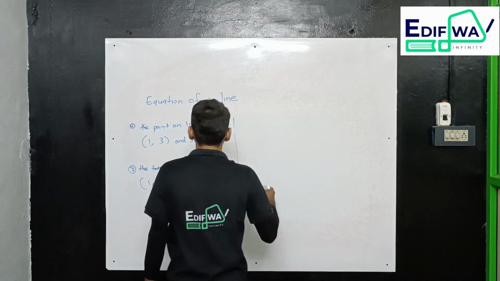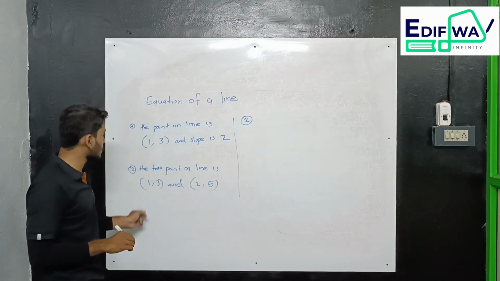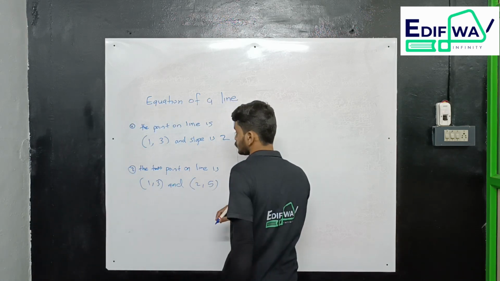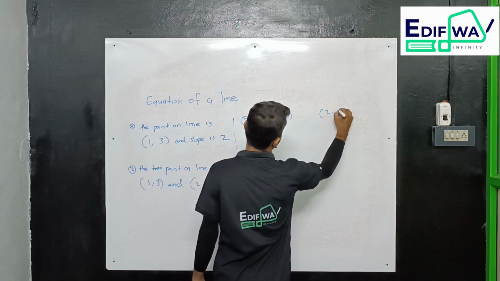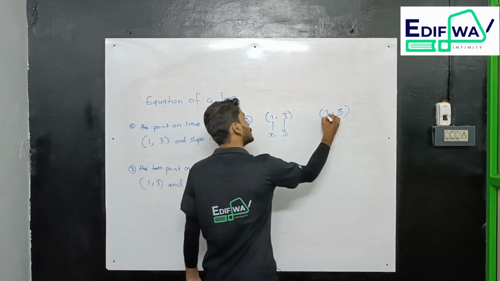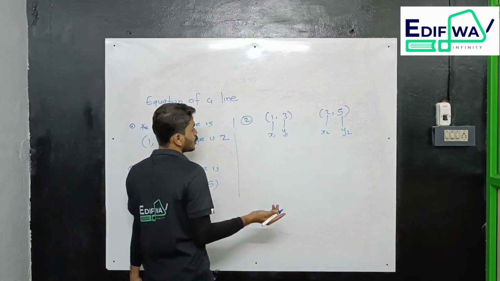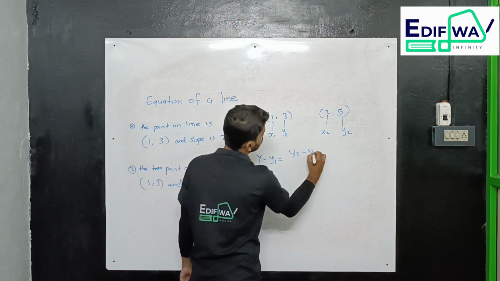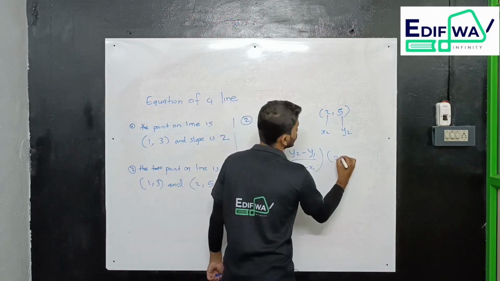Okay, now the second problem. The 2 points on the line are given: 1, 3 and 2, 5. So this is x1, this is y1, this is x2, this is y2. We know the equation: y minus y1 is equal to y2 minus y1 by x2 minus x1 into x minus x1.